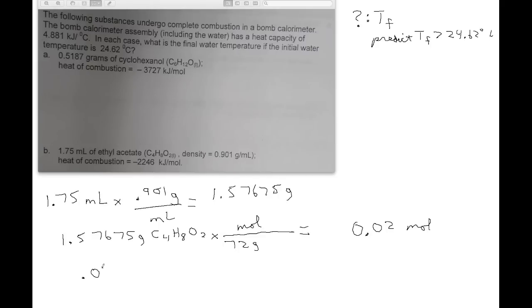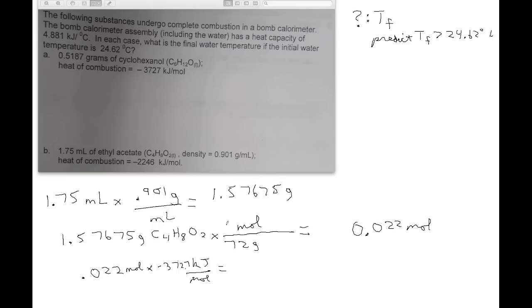Now we can use Q calorimeter, and that's 40 is equal to 4.881 times TF minus 24.62. You can distribute, and we get 40 is equal to 4.881 TF minus 120.